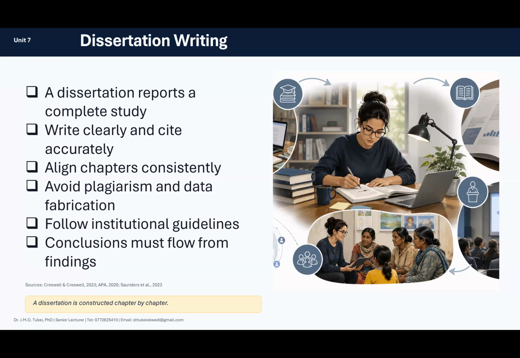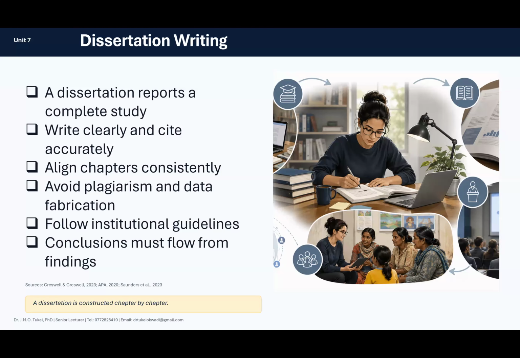There are 5 chapters. Then, of course, you look at the appendices.